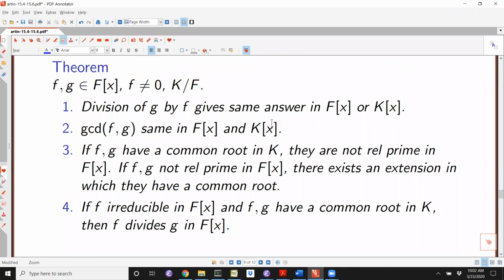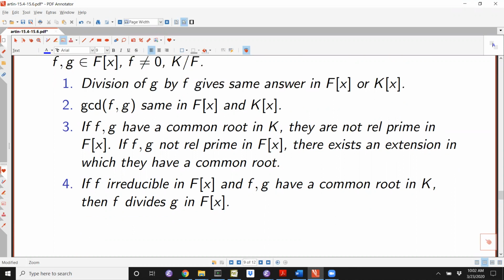Suppose little f and little g are polynomials with coefficients in the base field capital F, and little f is non-zero because we're going to divide little g by f, and let K be an extension of F. The relevant facts are: one, division of g by f gives the same answer whether you're in F of x or K of x.